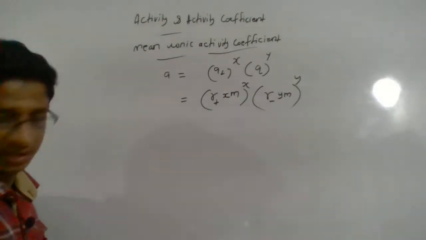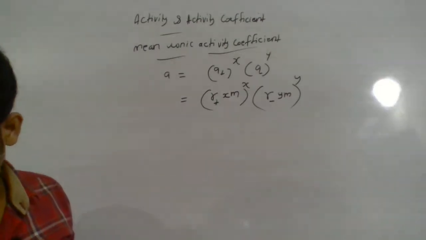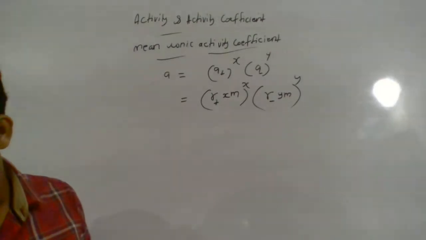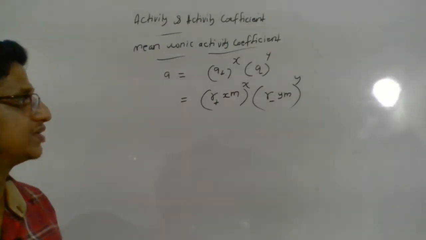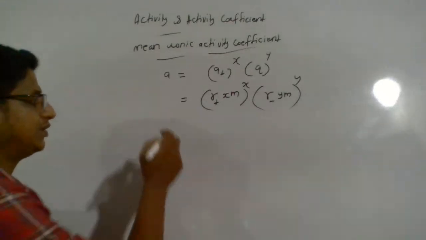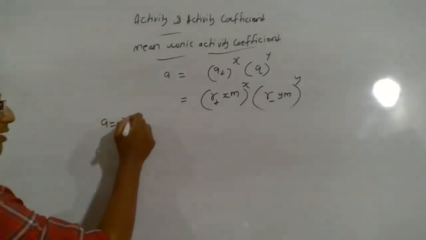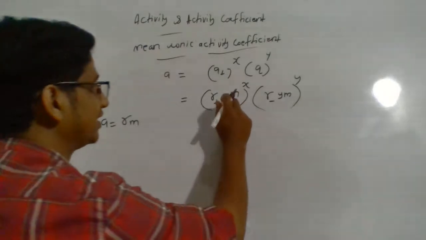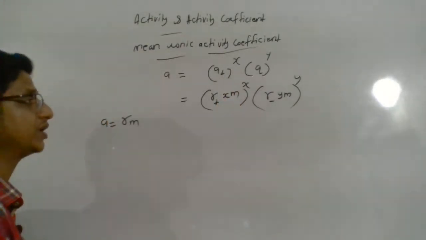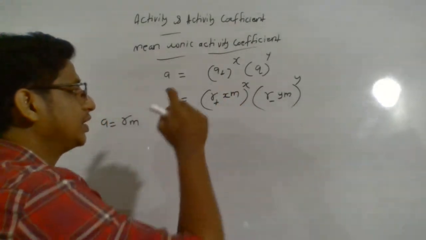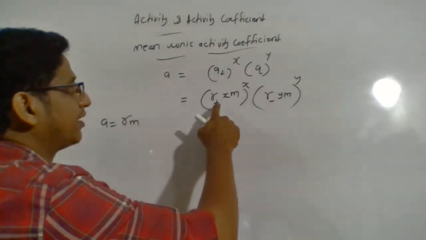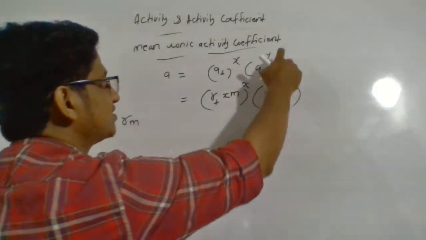So gamma plus xm raised to x into gamma minus ym raised to y. Remember a is equal to gamma m, where m is the molality and x is the coefficient of that particular component. So a is equal to a plus raised to x into a minus raised to y.